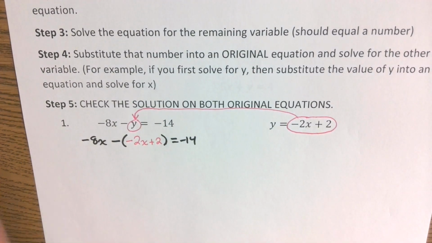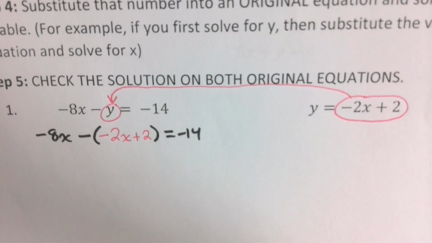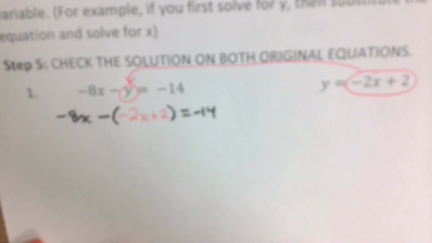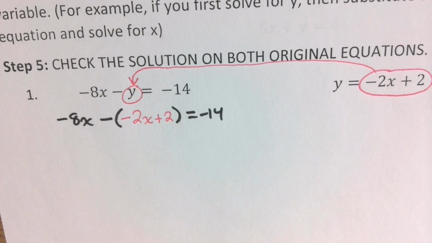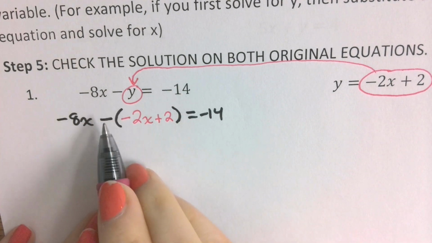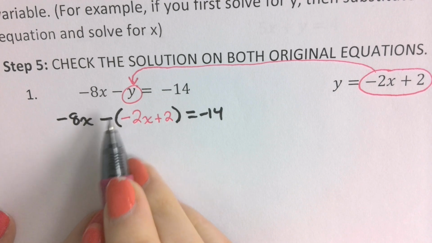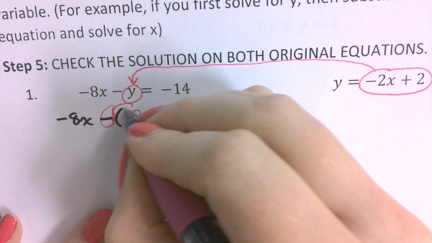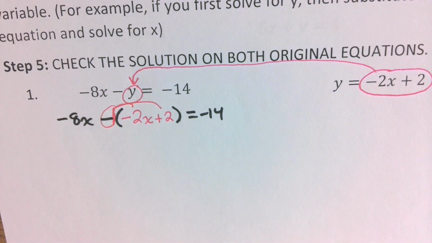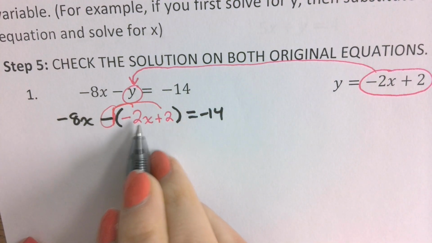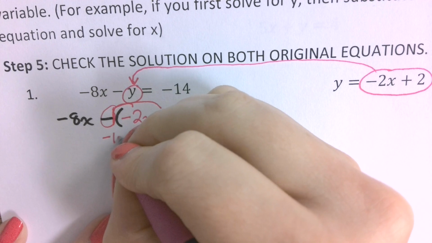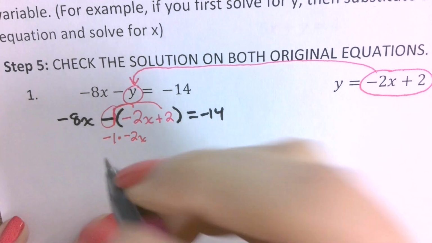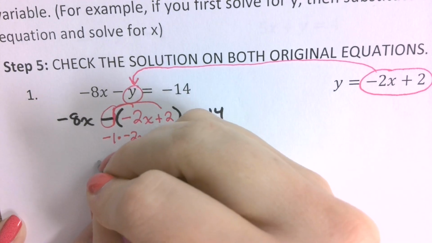So now when I go about solving it, I need to solve it using my rules. I have to do my distributive property first because there is a negative 1 written right here outside of that parentheses. So I'm going to distribute a negative 1 to each component here. Negative 1 times negative 2x is going to come out to a positive 2x.